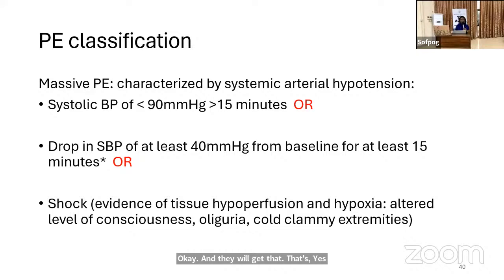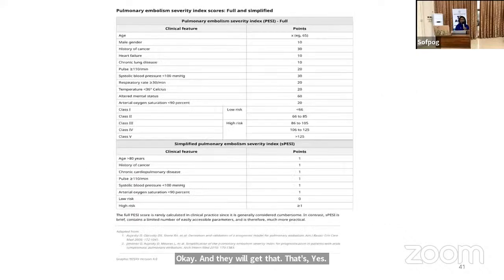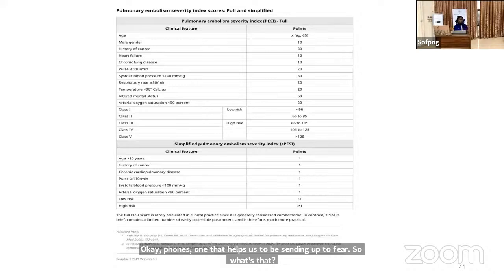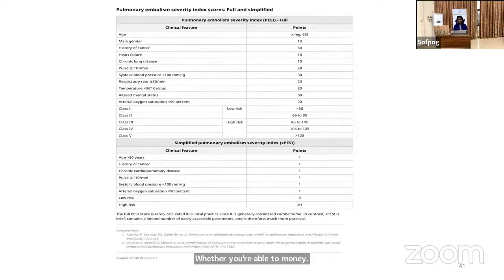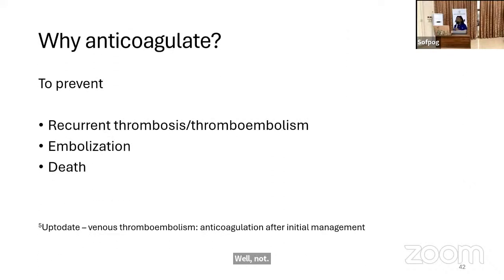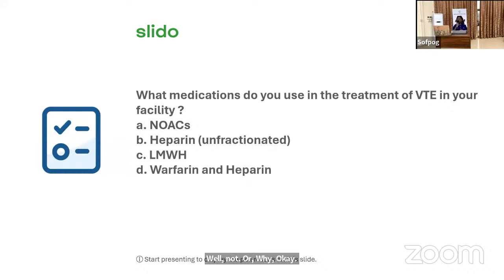So the pulmonary embolism severity score, I put it there, and I'm sorry, I'm sure you can't see, but it's one that helps us to determine the risk of mortality within 30 days from pulmonary embolism, and whether you are able to manage the pulmonary embolism as an outpatient or whether you need to admit. Why do we anticoagulate? We want to prevent recurrence of pulmonary embolism.